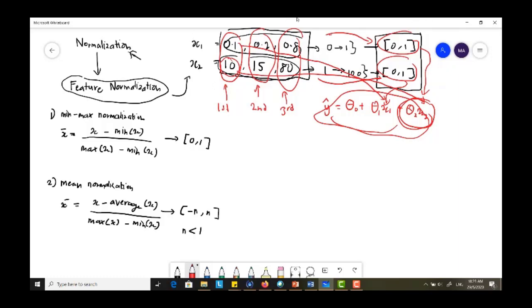To apply the normalization, you have two types: you can apply min max normalization, or you can apply mean normalization. With min max normalization, you will get normalized values in the range from 0 to 1. This is the formula.